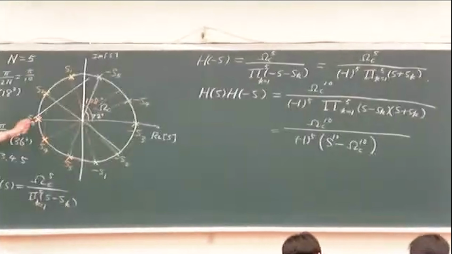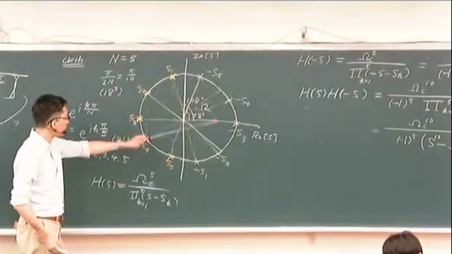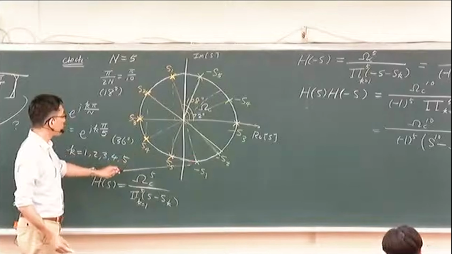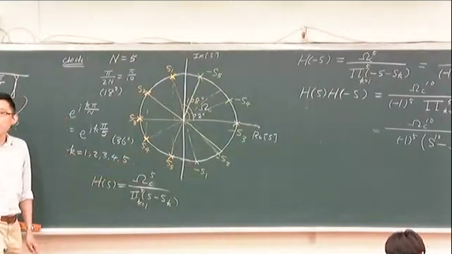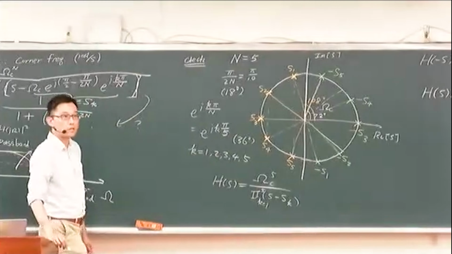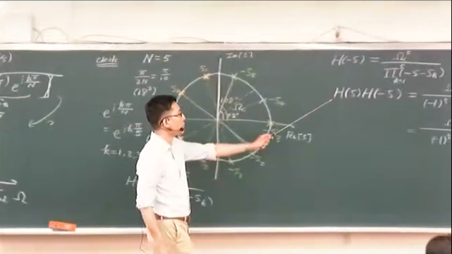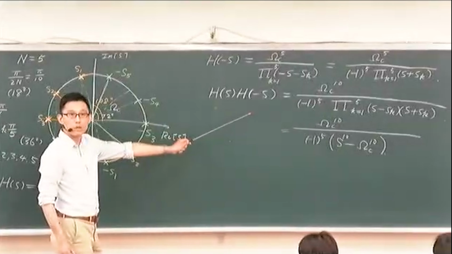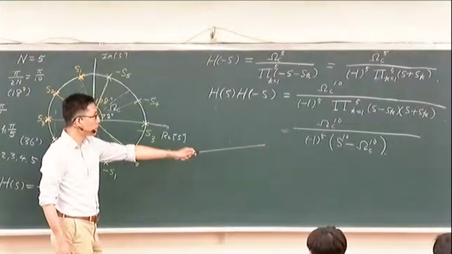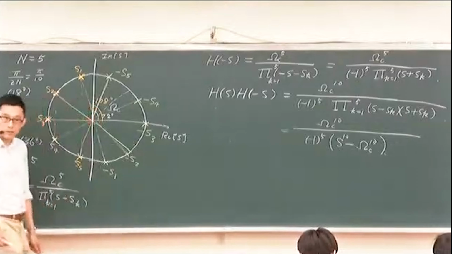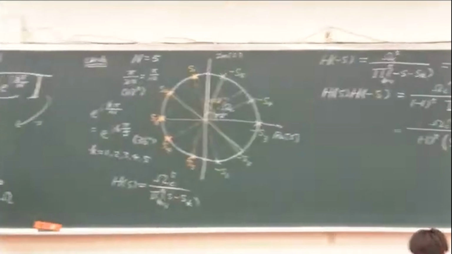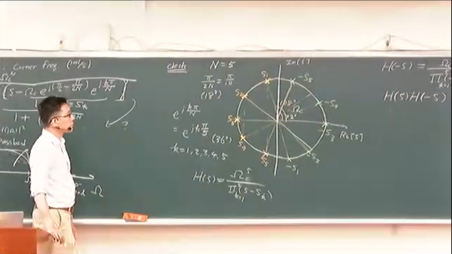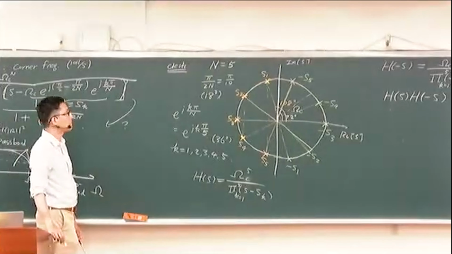By adding all the 5 extra poles, we actually simplify the expression. Okay, so when we consider the product of HS with H of minus S, the expression is actually simpler.